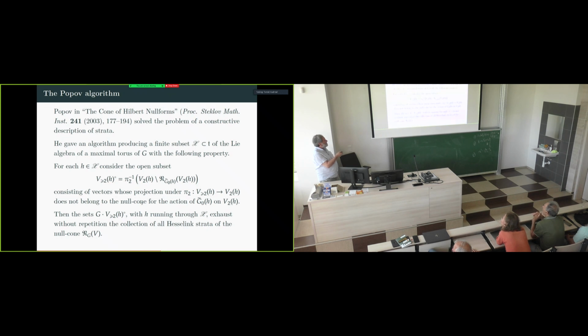So for each characteristic, if you take orbits of elements from this open subset, then you get exactly the strata.